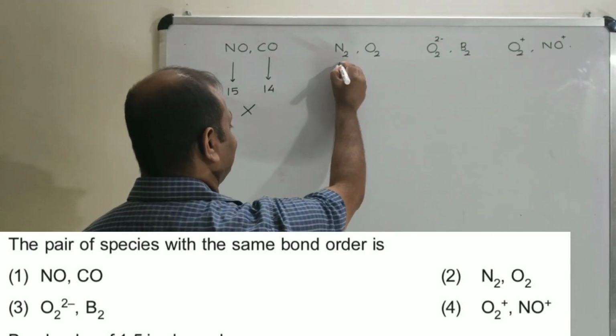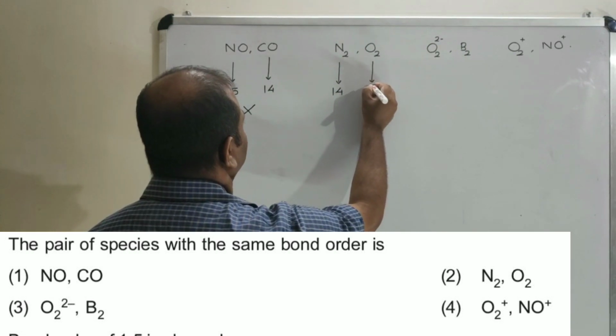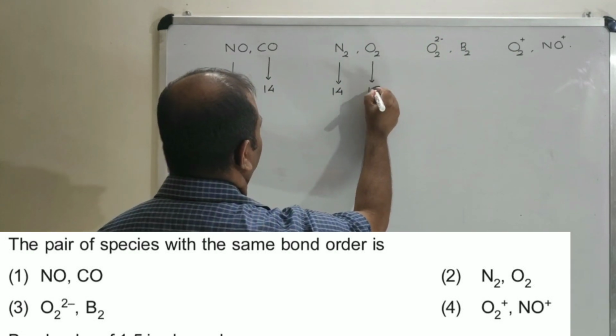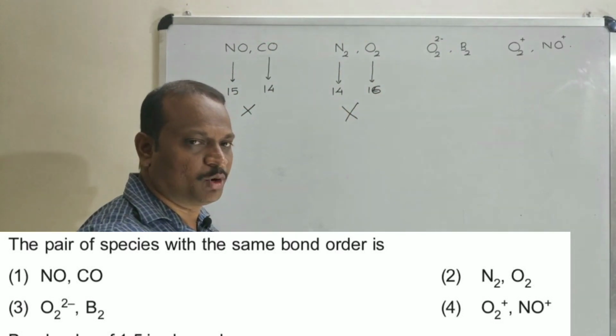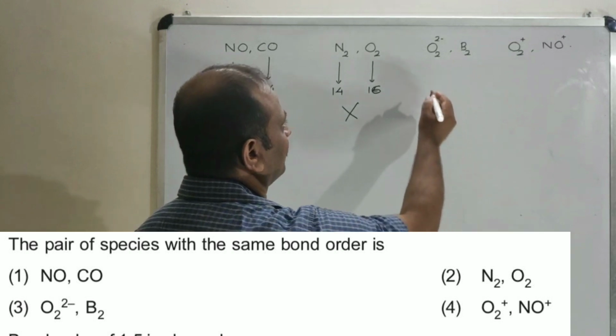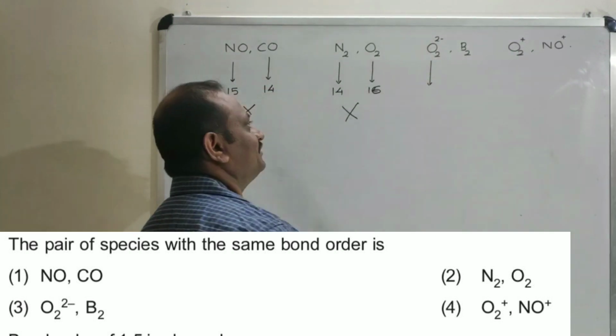And next, by seeing itself, you know, nitrogen means 14 electrons, oxygen means 16 electrons. So here also the number of electrons is not the same. So bond order is not the same. Similarly, what about O2 2 minus?